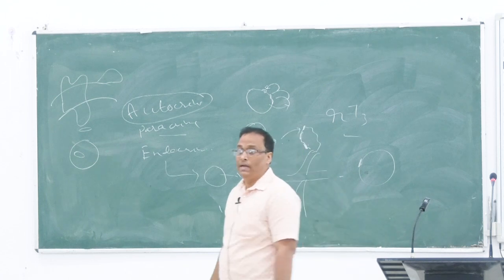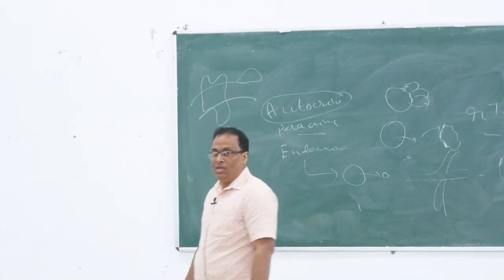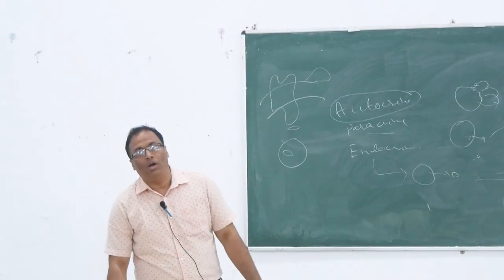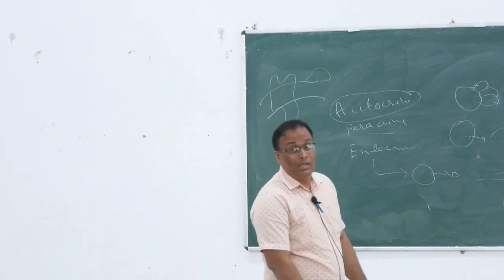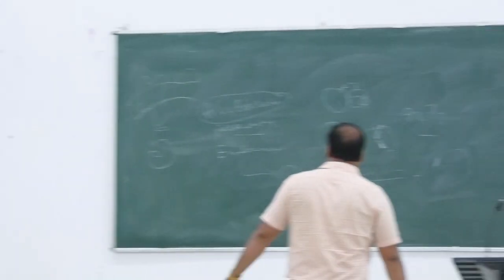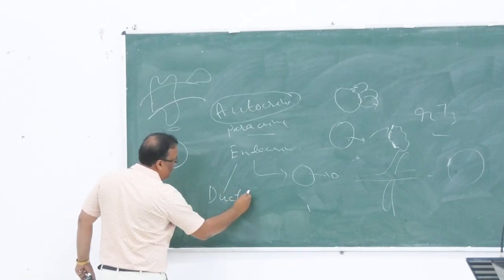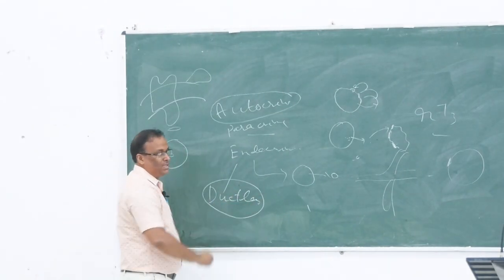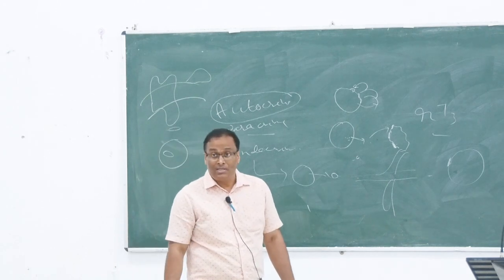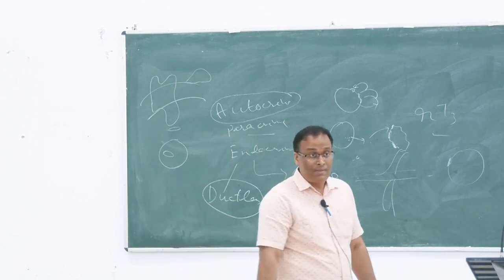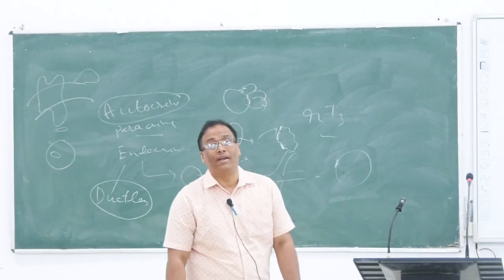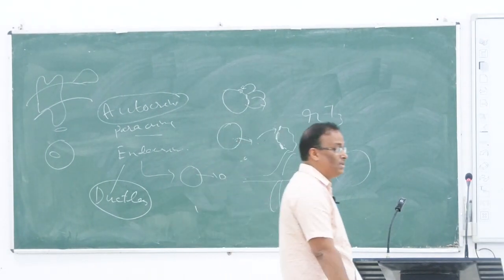Now the question is that sometimes these endocrine glands are called ductless glands. This means somewhere there is a gland that has a duct. That is called an exocrine gland, right? Take the example of the pancreas.